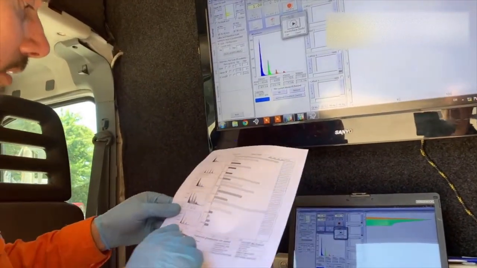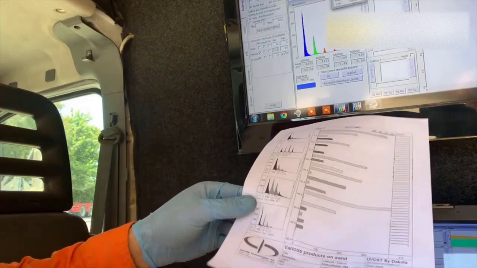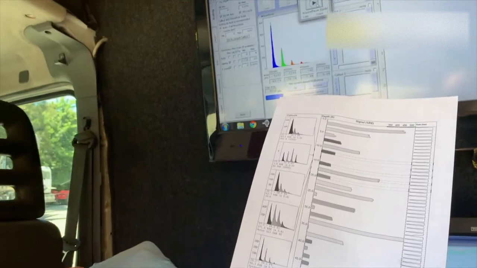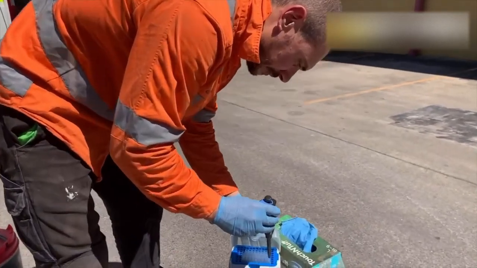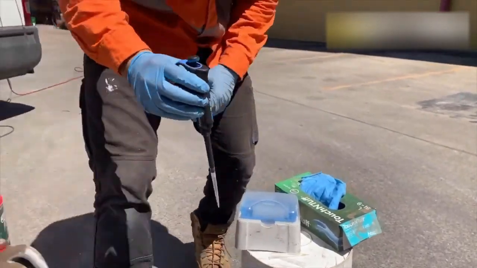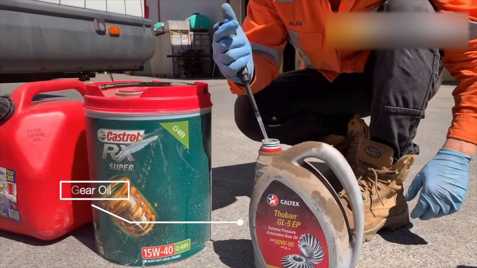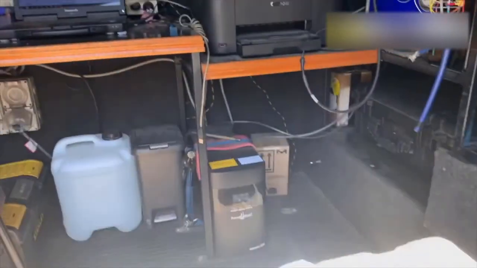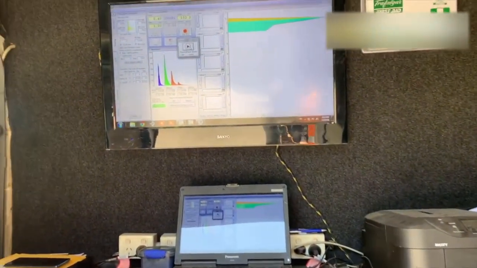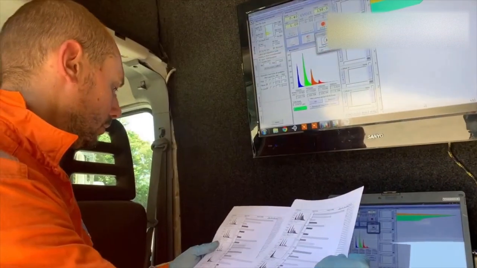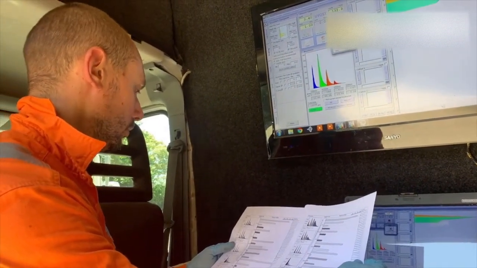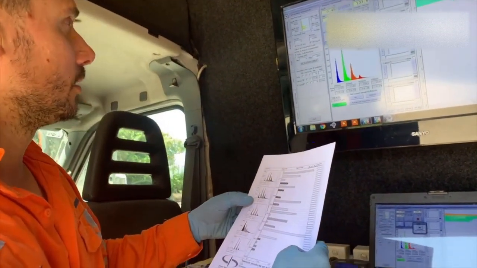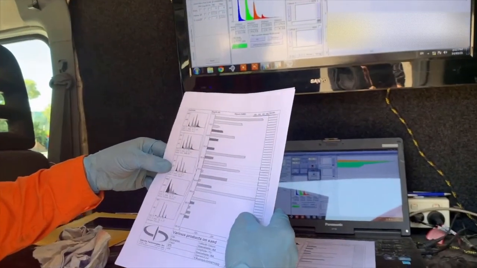So that's synthetic oil. Yearly synthetic.